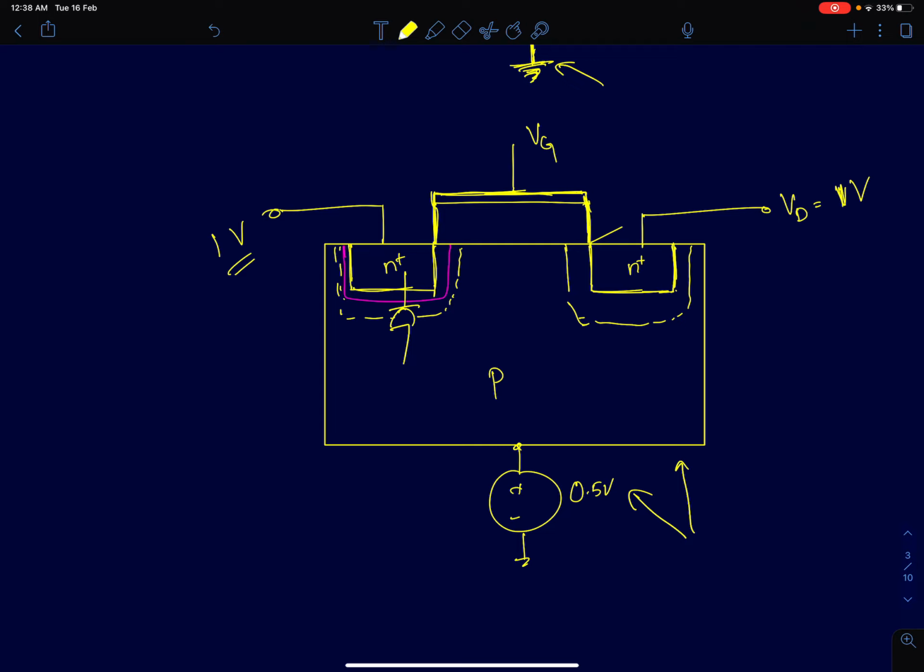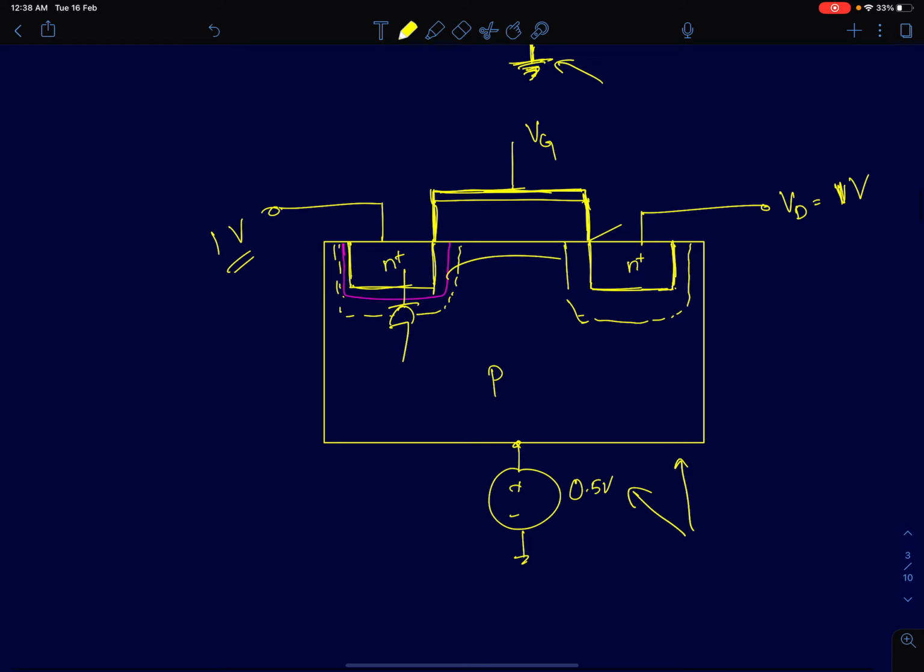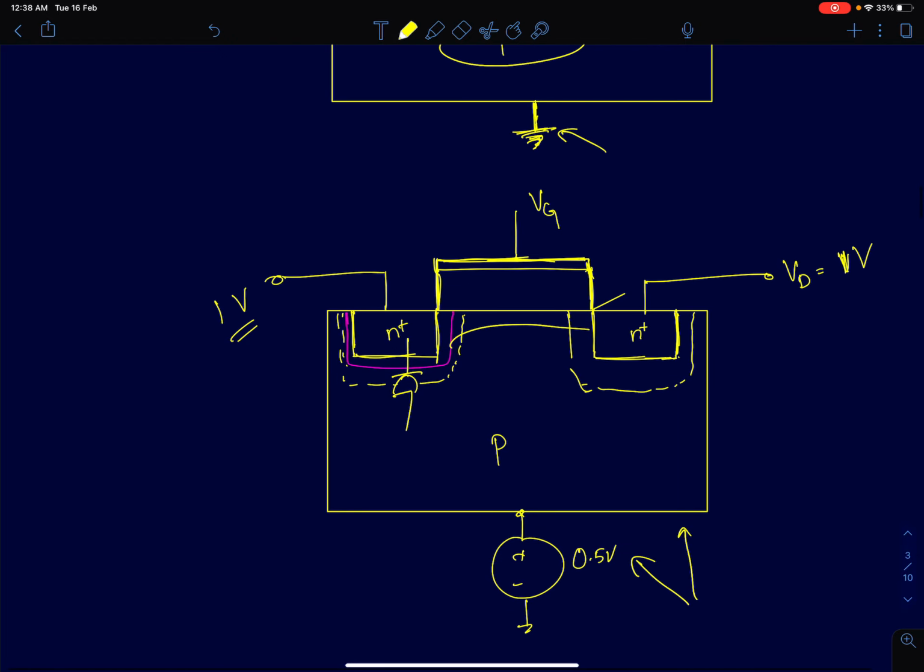And this amounts to, by increasing the bulk voltage, if you see what I have done here, I have reduced the threshold voltage. Because now the electrons are back, the free electron concentration is slightly higher than what it was in the previous case, which intuitively corresponds to a slight reduction in the threshold voltage, because now I have more electrons.